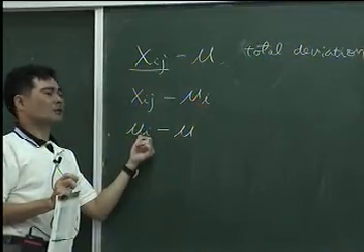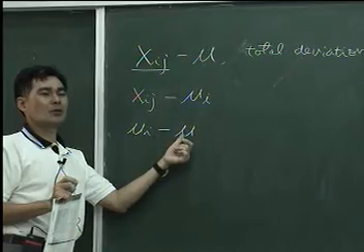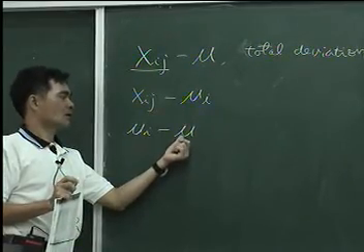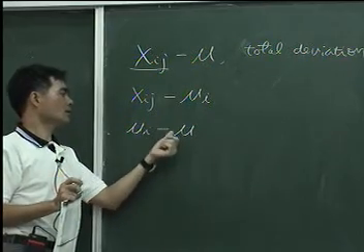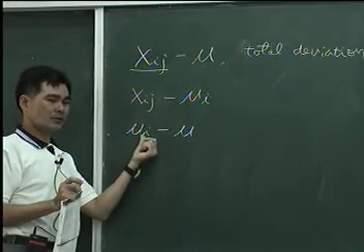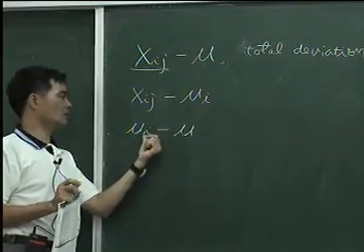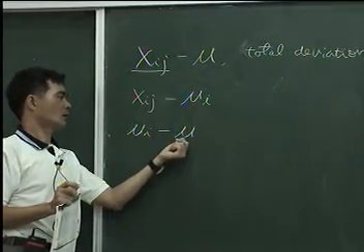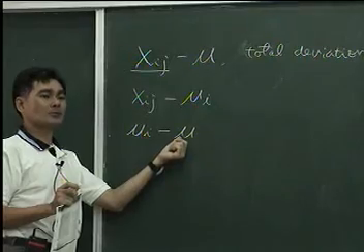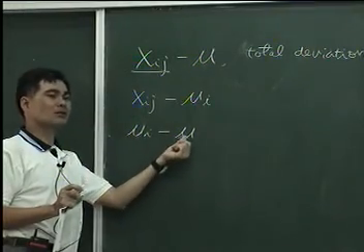And also we know this machine may be different from the whole population. This is the population mean for the whole population. And here we are looking at an individual machine, so this individual machine may be different from the whole population. So that means this machine is indeed different.